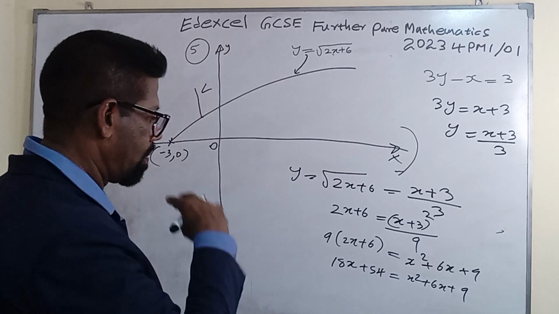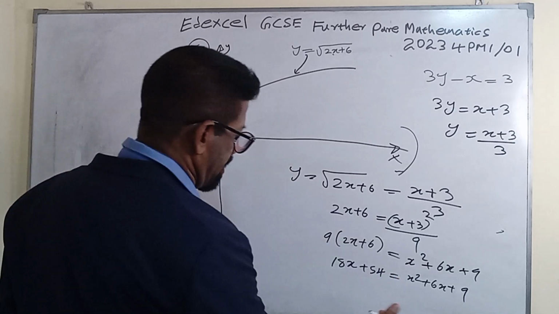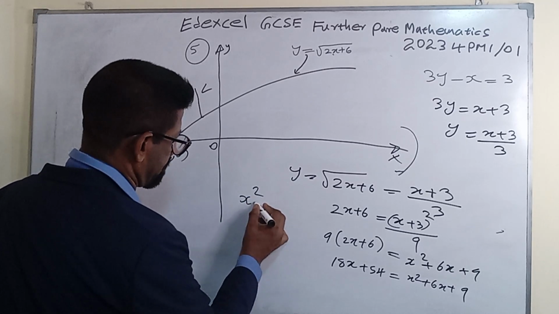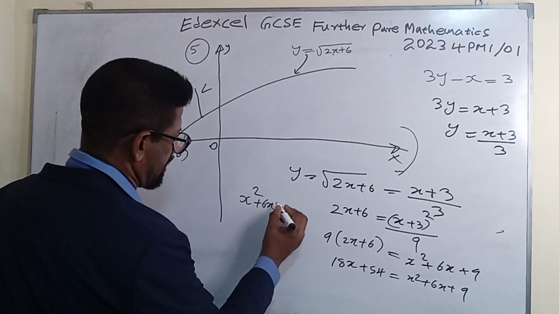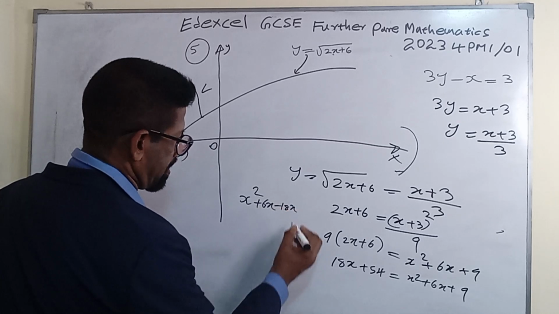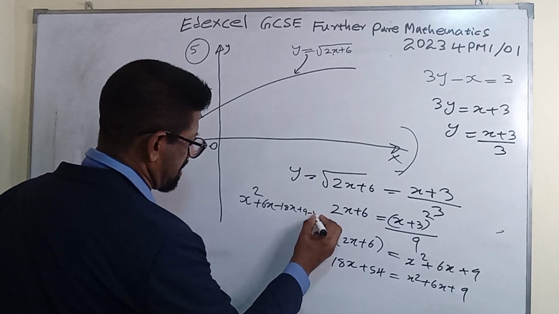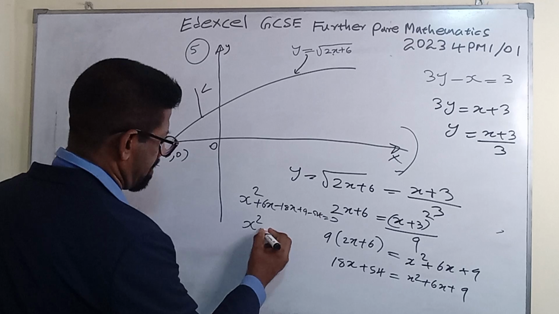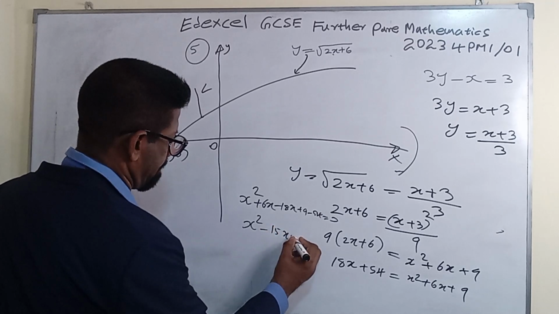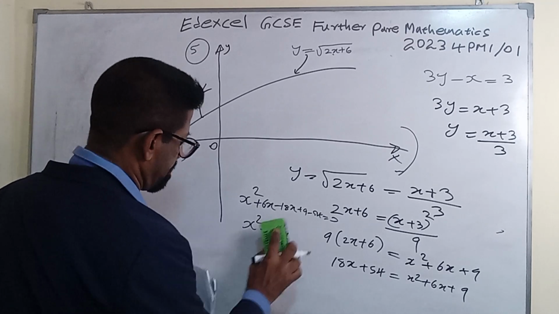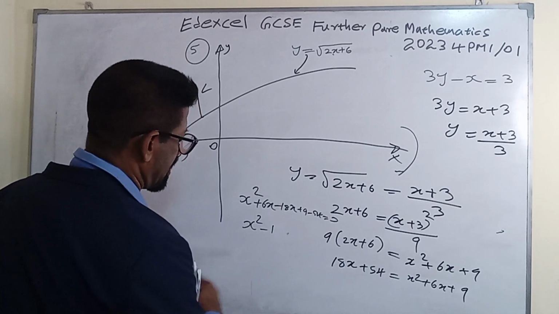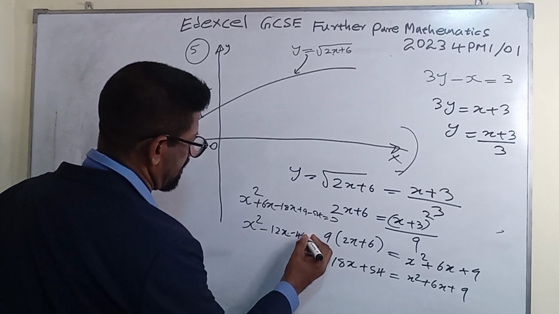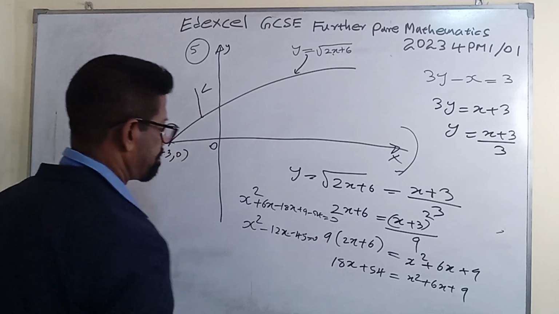So you can take everything to one side, the right-hand side, and write x squared plus 6x minus 18x plus 9 minus 54 equals 0. So x squared minus 12x minus 45 equals 0.